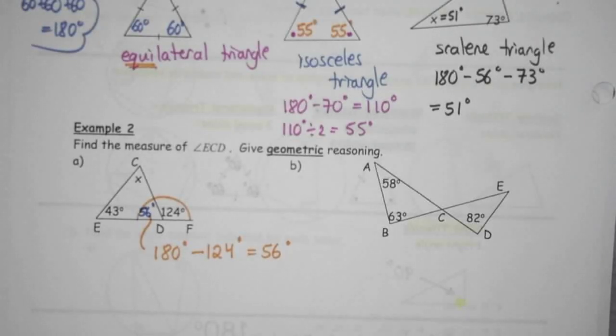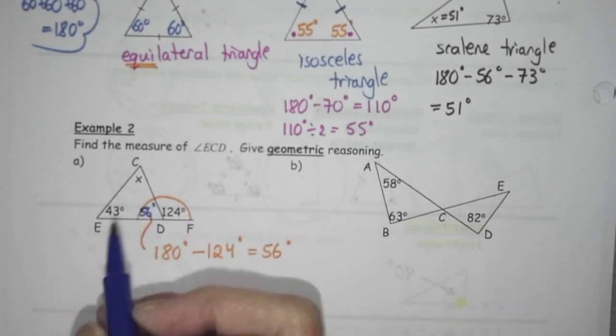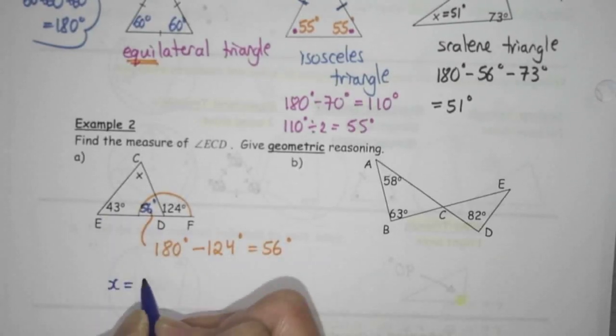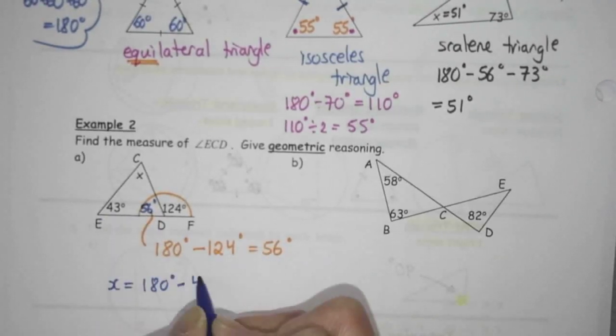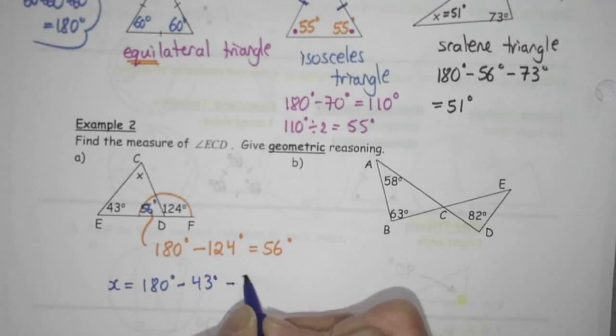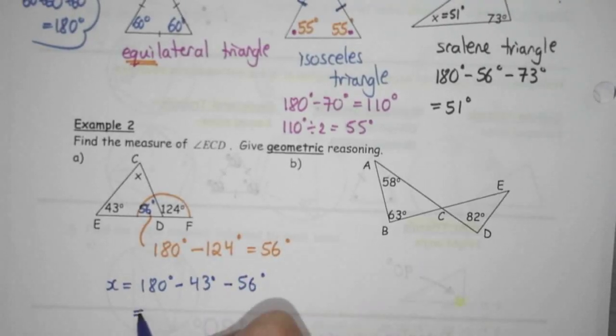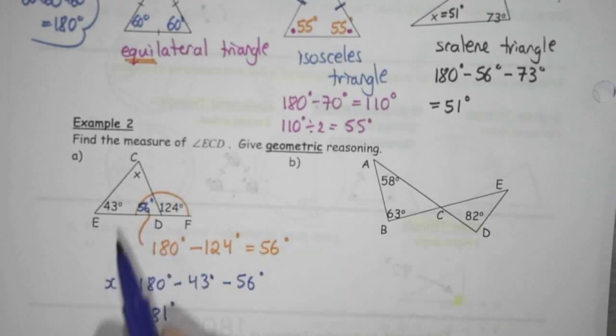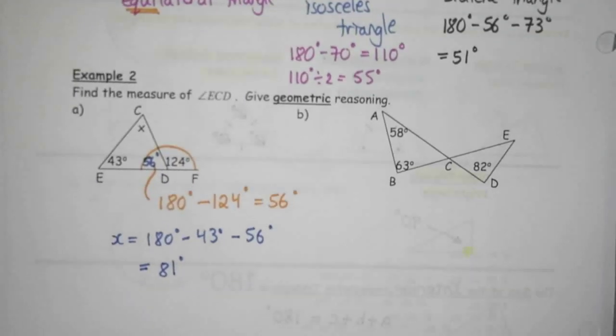So when you're not sure what you're looking for, I just start to fill in everything that I can find. Eventually I'll get there. So when I get to this triangle, I have x, 43, 56, so that means that x would have to be 180 minus the 43 and minus the 56, which gets me 81 degrees. So this appears 81 degrees.